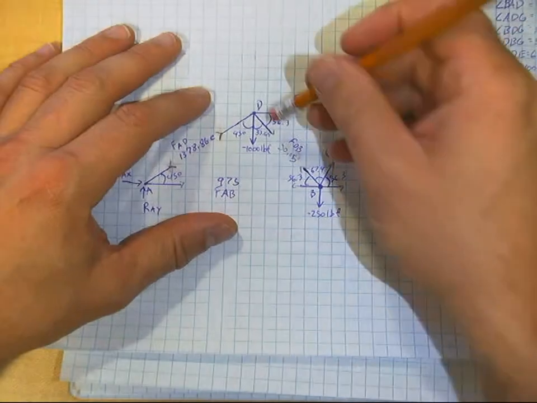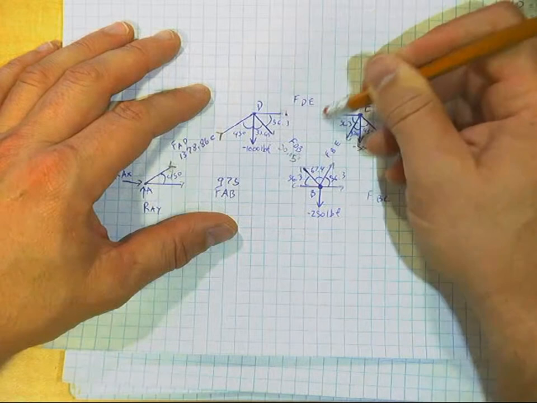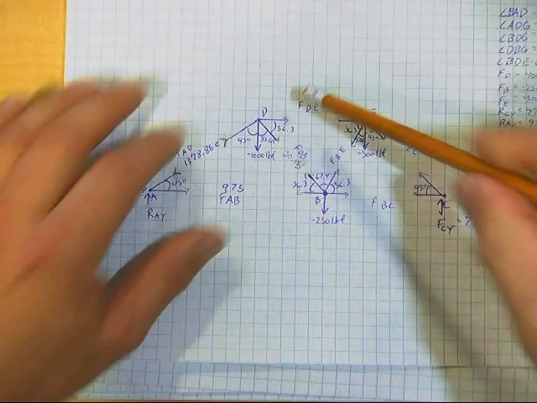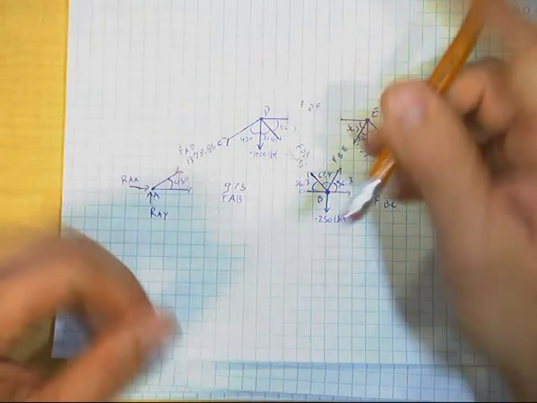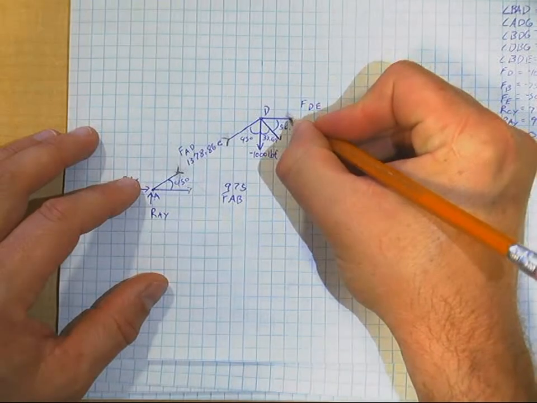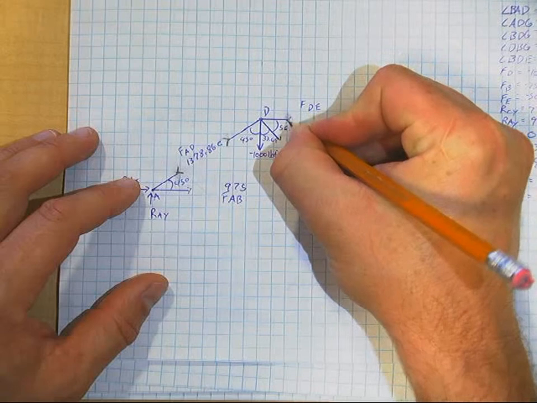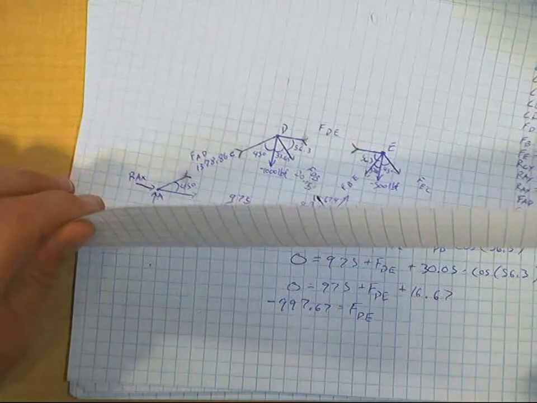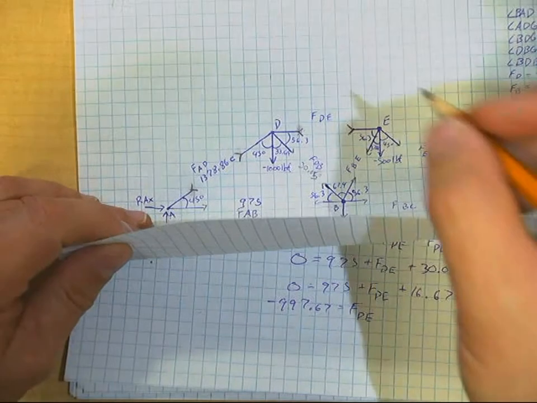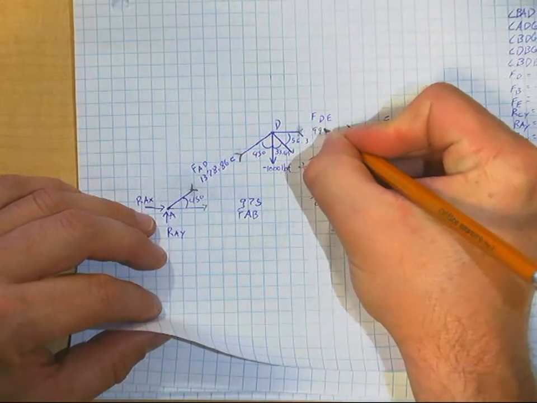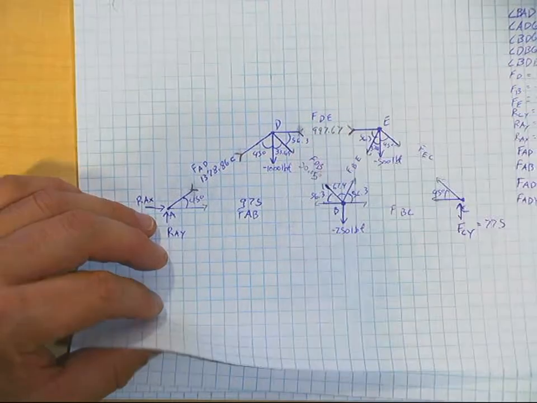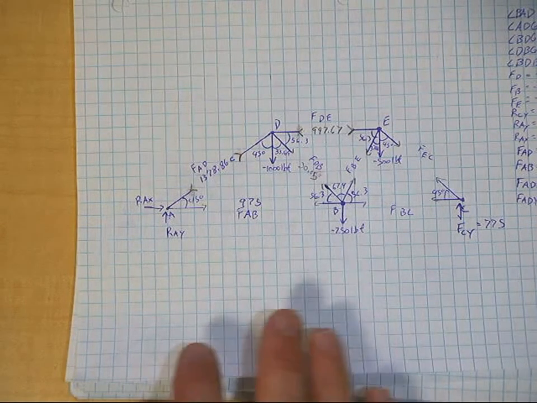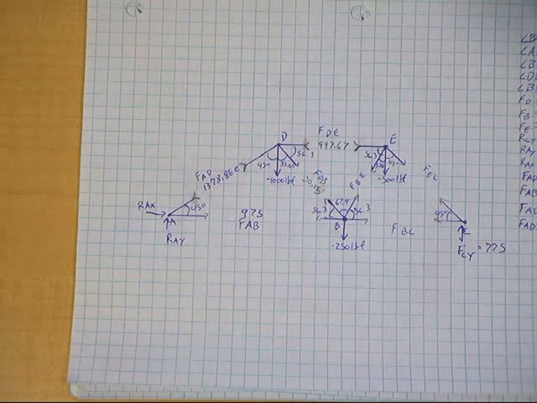Because FDE turned out to be negative, we know that it's not in tension, it's in compression. So 991.67 in compression. We're going to pause there.